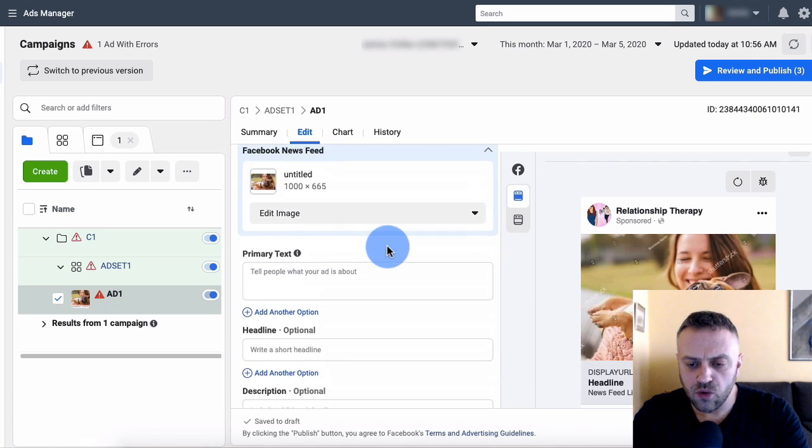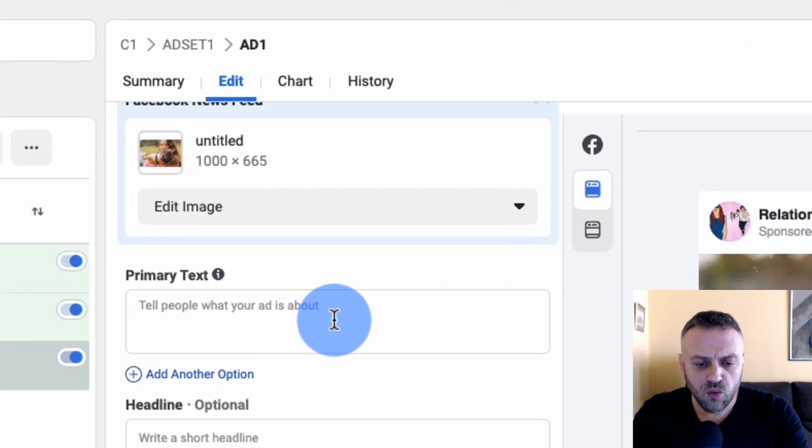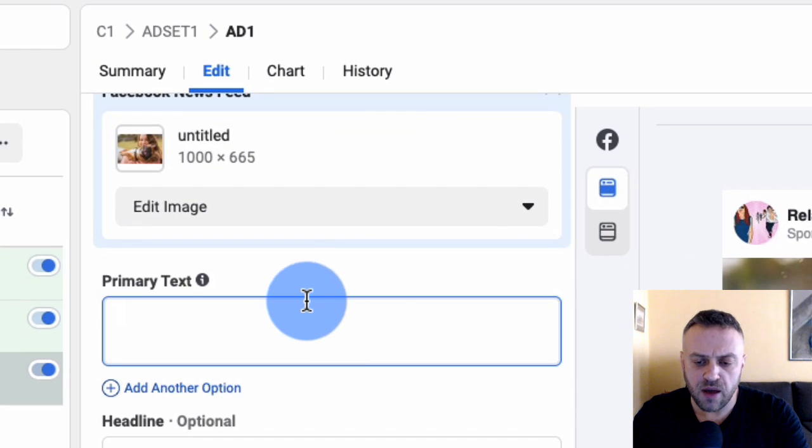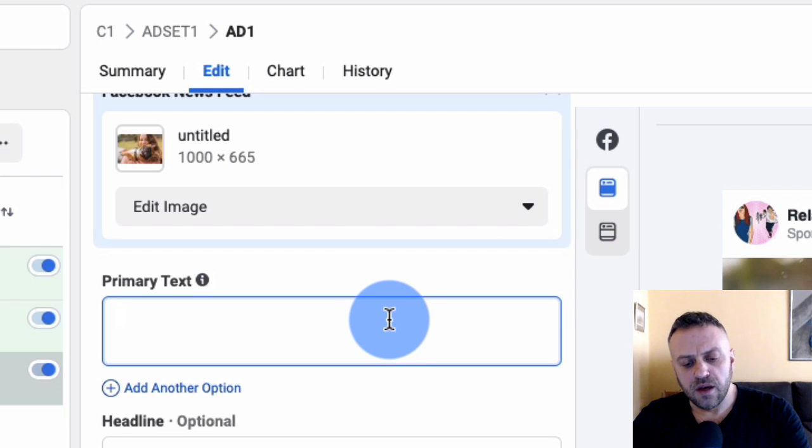And so what you want to do is fill in the primary text. You have some primary text that's going to appear above the image, and you could say something like, unruly dog, or dog doesn't play nice.